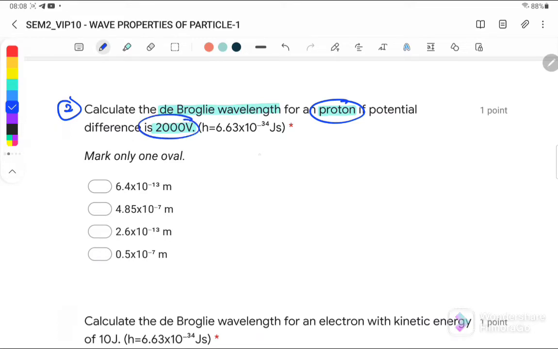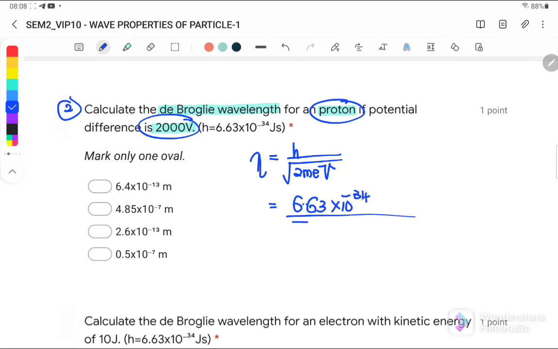So we can use the third equation, where the de Broglie wavelength is equal to h over the square root of 2meV. h is 6.63 exponent negative 34, and because this is a proton, the mass of the proton is 1.67 exponent negative 27, e is the value for the charge, 1.6 exponent negative 19, and the potential difference is 2000.